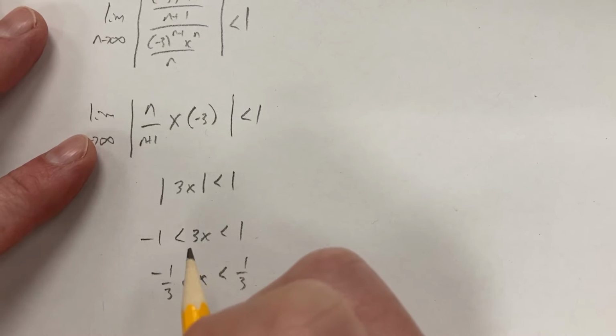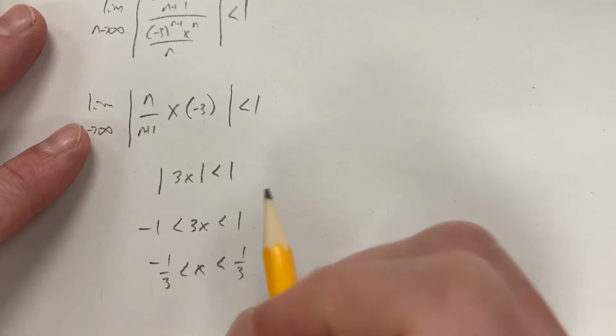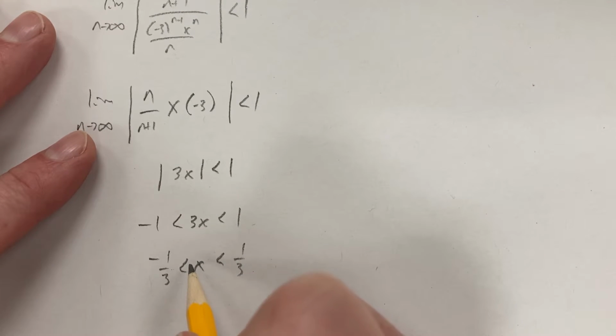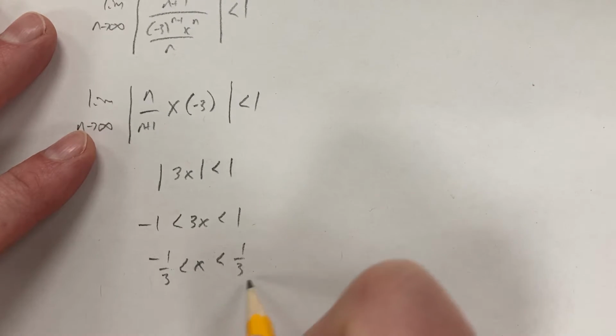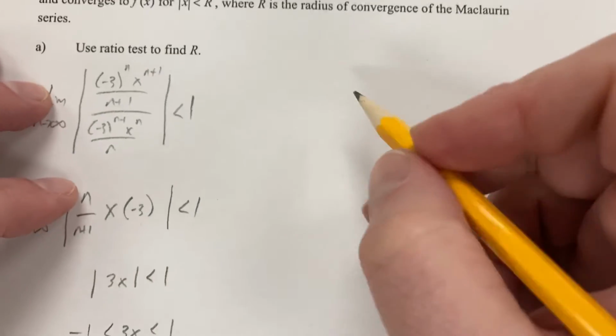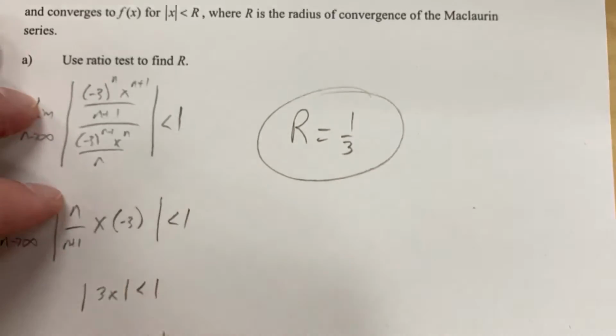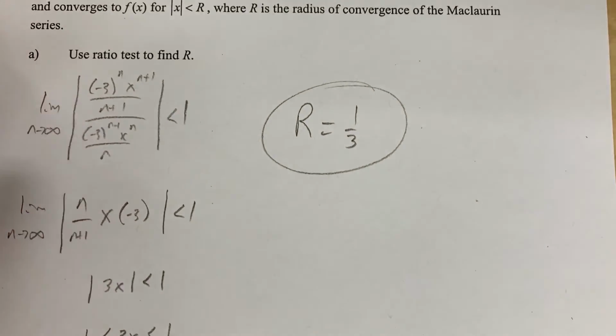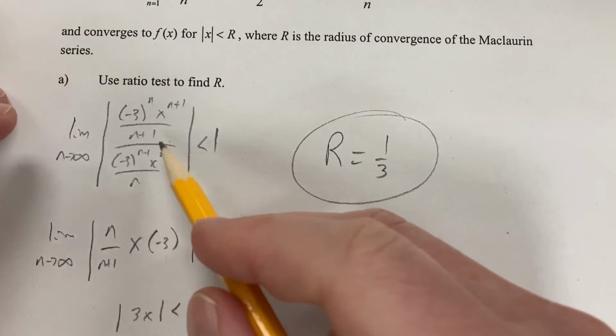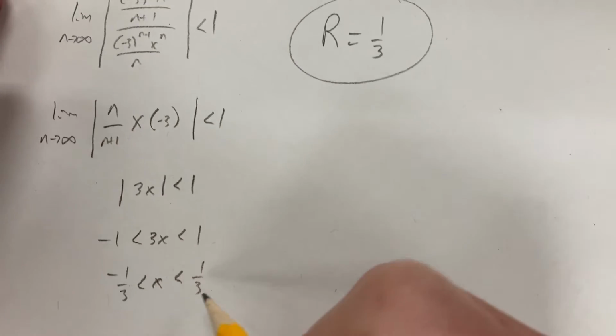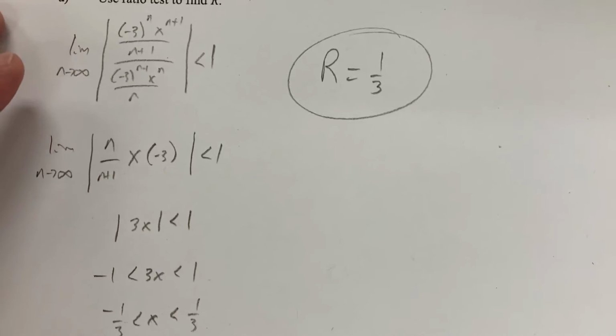Again, the whole idea here is we're trying to find the radius of convergence. So we know this is centered at 0. It goes from 0 out to 1/3. So I don't have to worry about the endpoints or anything. My radius of convergence for this is 1/3. That's all they were looking for. So they would want to see the setup, the simplifying, and then the final conclusion.